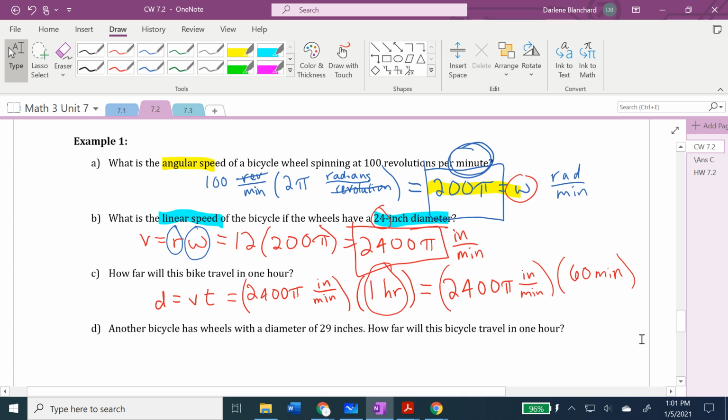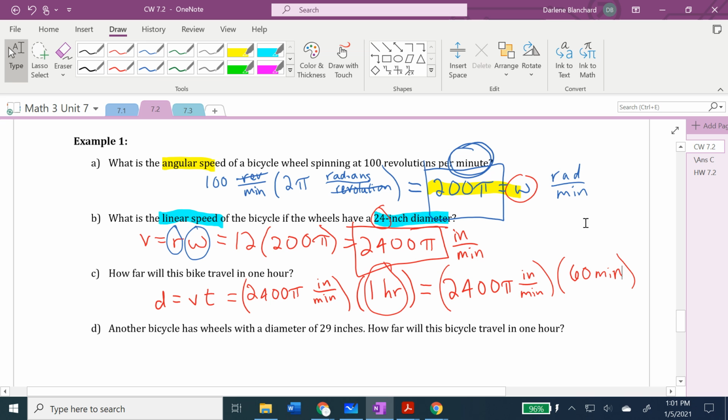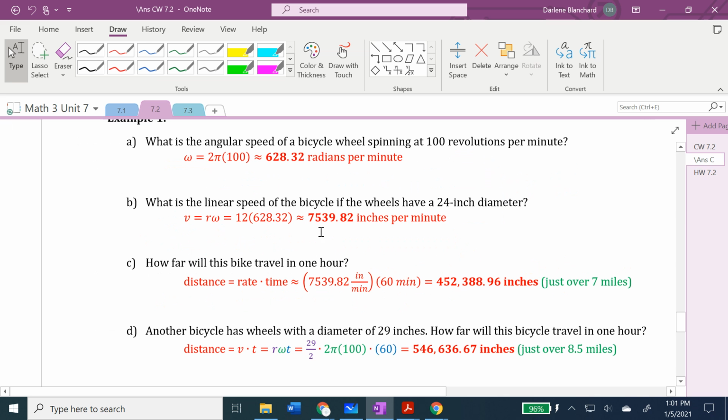The answer to part A is 200 pi, which is 628.3. Yeah, it's just a difference of I incorporated the pi in the answers here because it makes more logical sense if you have decimal numbers. Then for part B, I had 2400 times pi, which should be 7539. And there we go.